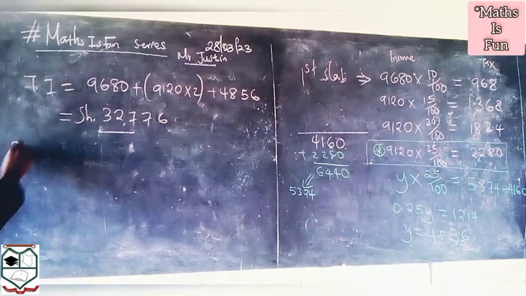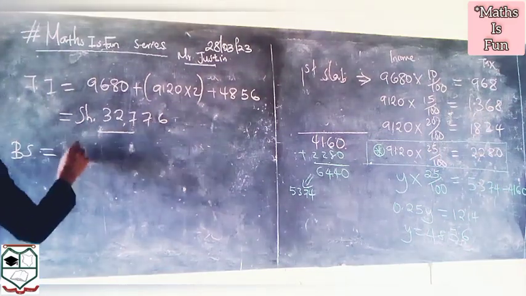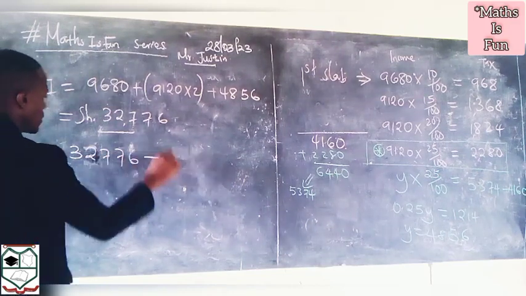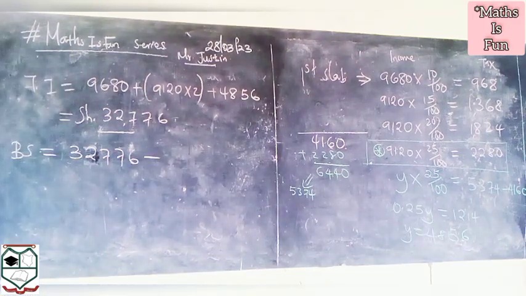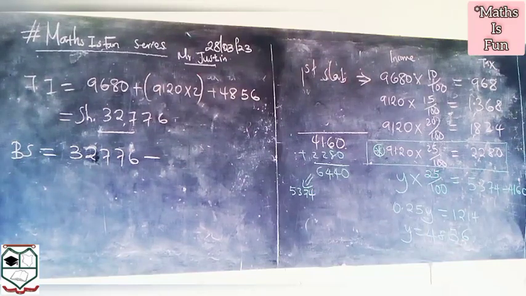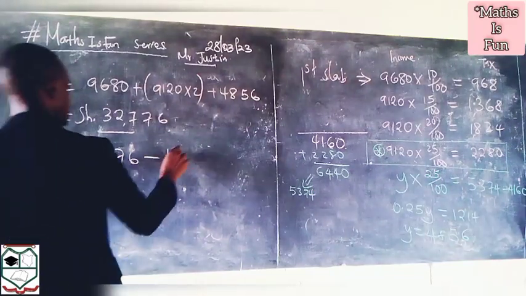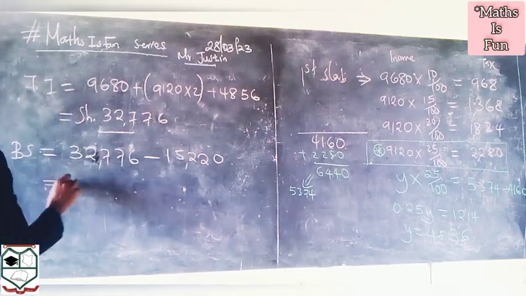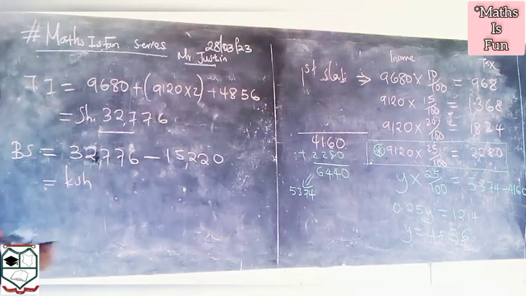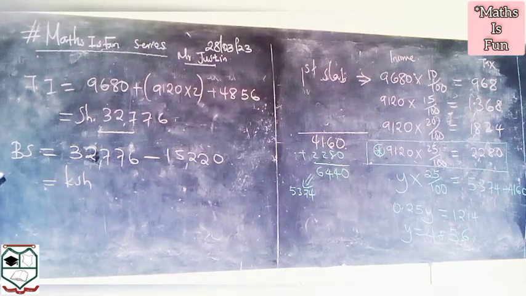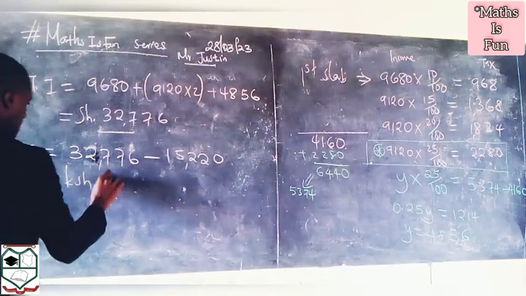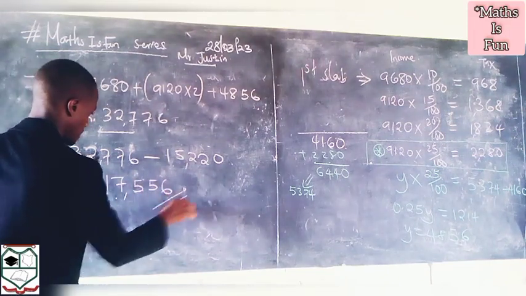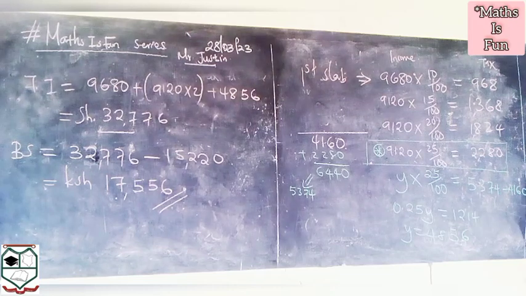Then finally the basic salary is going to be 32,776 minus the allowances. The allowances for this person were 15,220. You get 17,556. That is for part A.